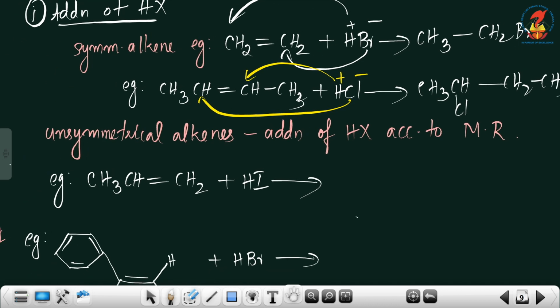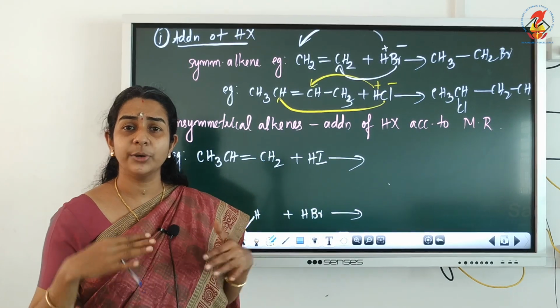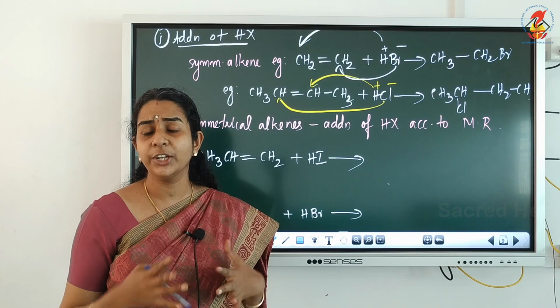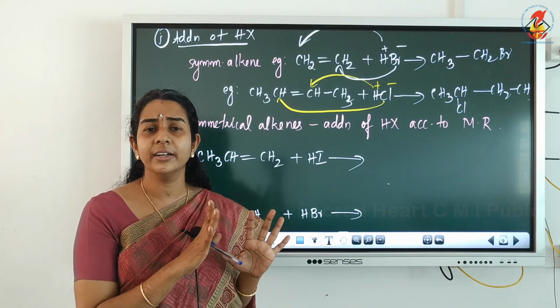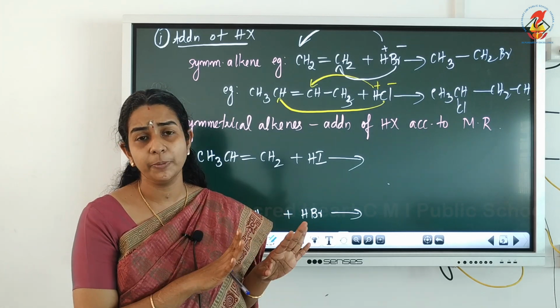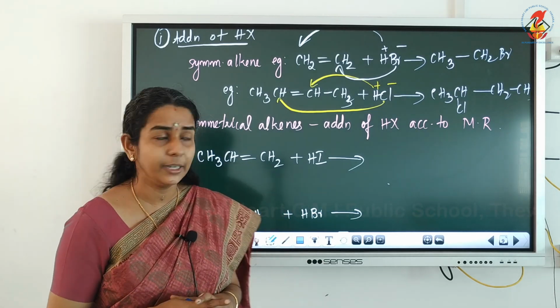So this is about the addition of HCl, HBr or HI to any symmetrical alkene. To any carbon we can give the positive part and to any carbon the negative part.